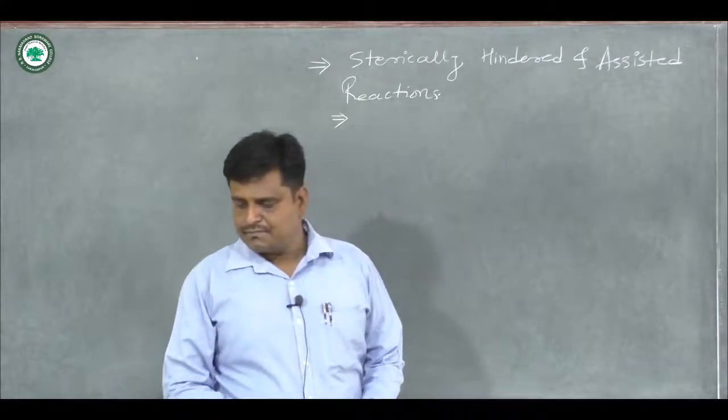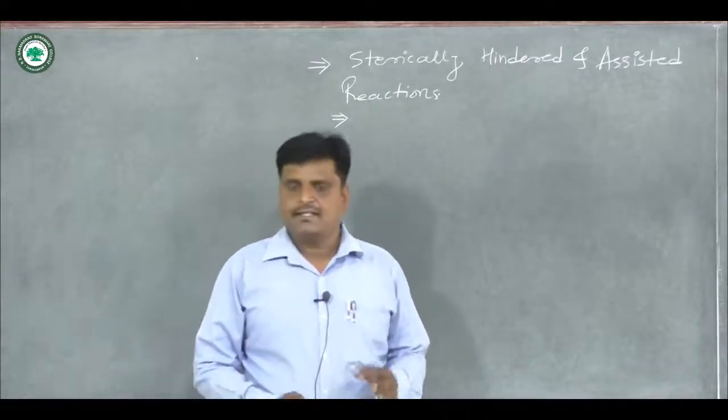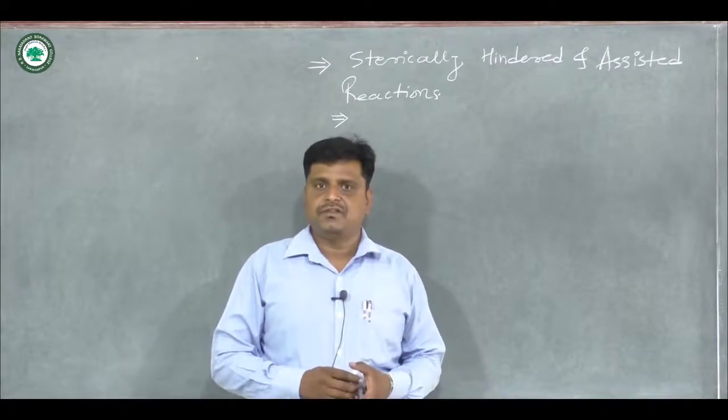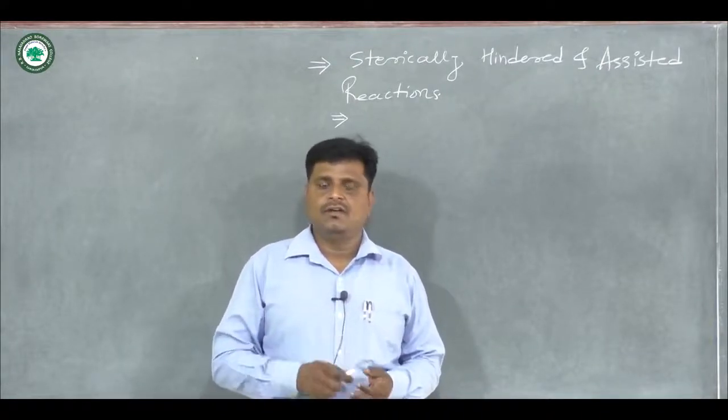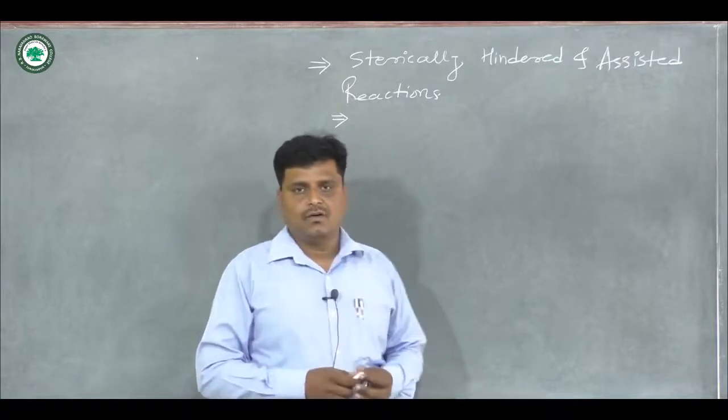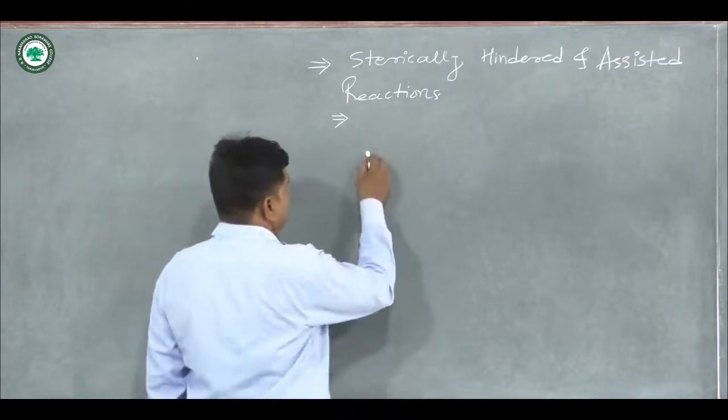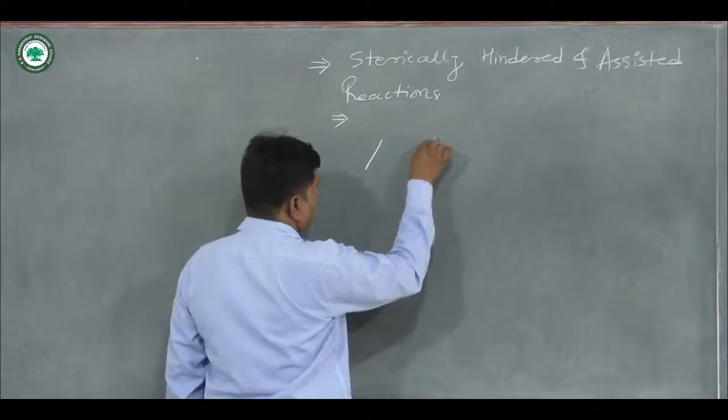In axial and equatorial substituents, suppose we take an acid or ester, the cis and trans isomer.